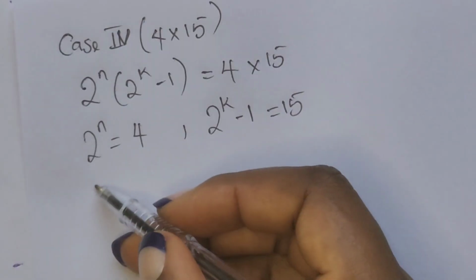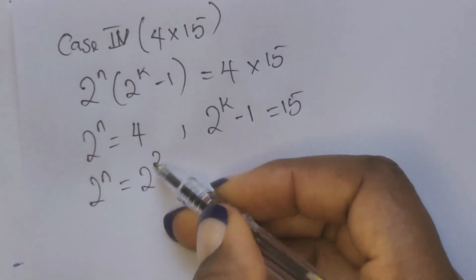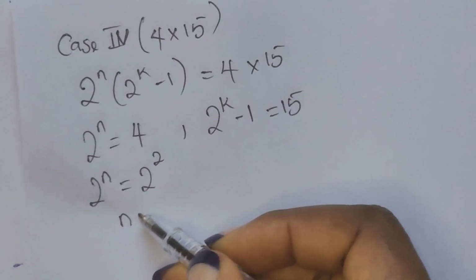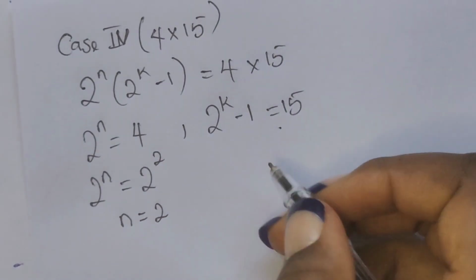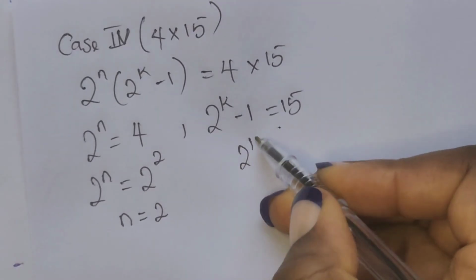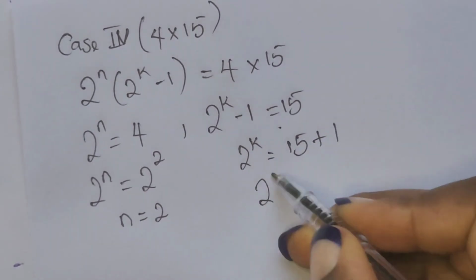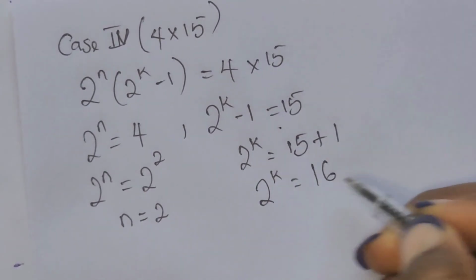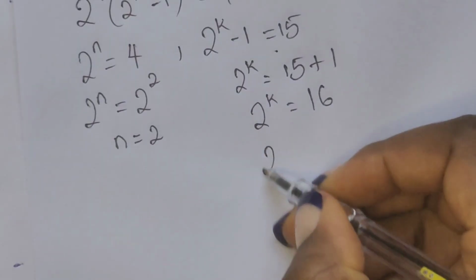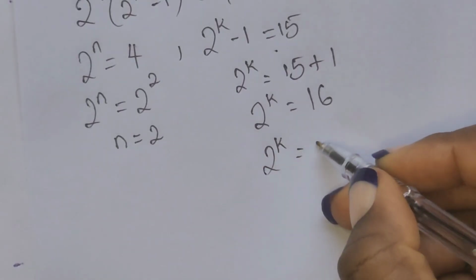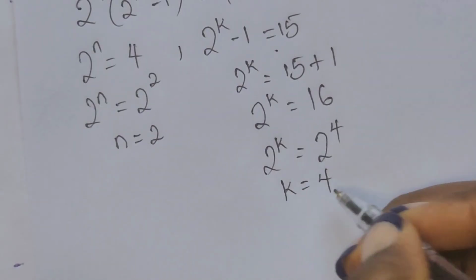So 2 to the power of n equal to 4 is the same as 2 to the power of 2. So we'll conclude that our n is equal to 2. And for the right hand side, we have 2 to the power of k to be equal to 15 plus 1, and 2 to the power of k is equal to 16. So 2 to the power of k is equal to 2 to the power of 4, meaning that our k is equal to 4.